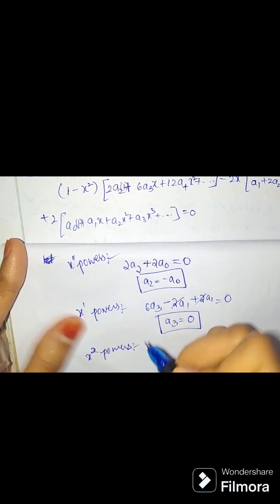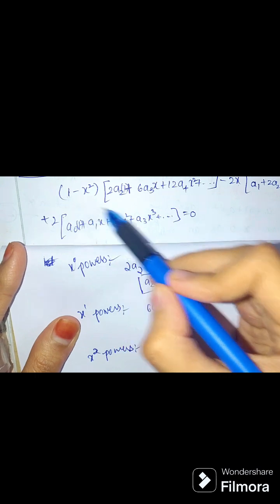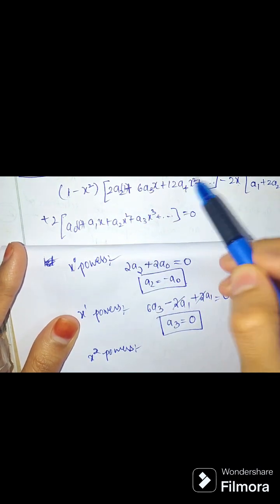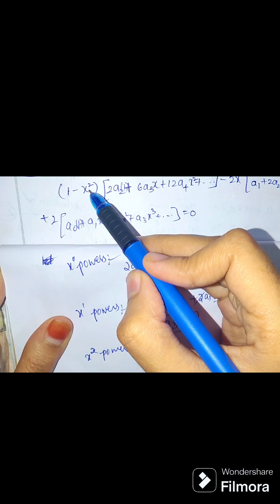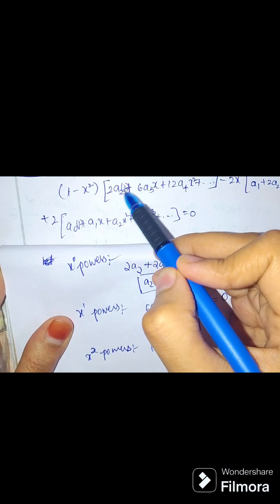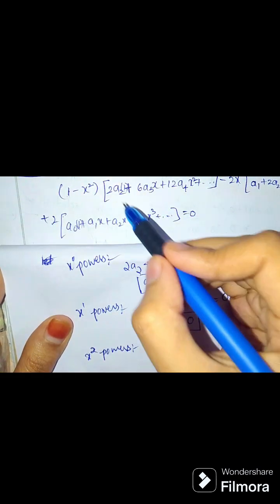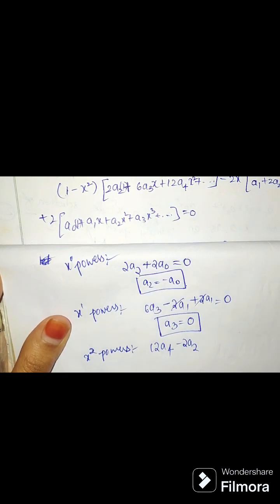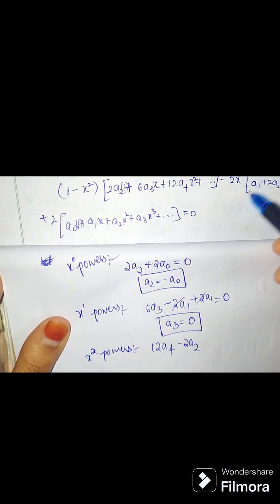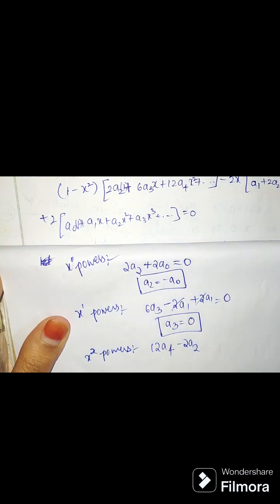So 1 into x square, where it is this one, 12a4. x square into x power 0, which is 2a2, so minus 2a2. Next, x into x gives x square, no, so there is another x here, so I'll write minus 2a2.